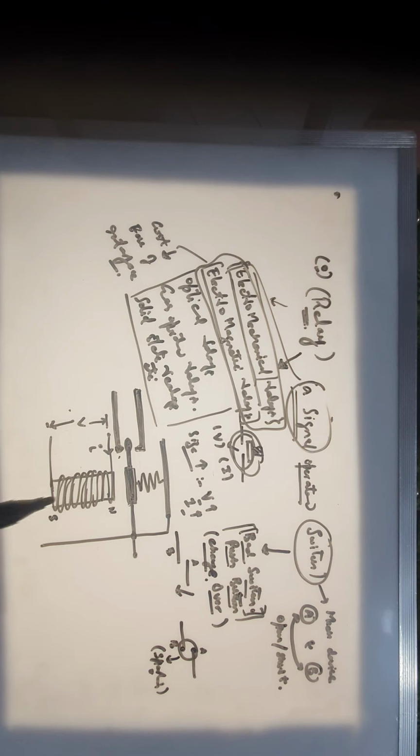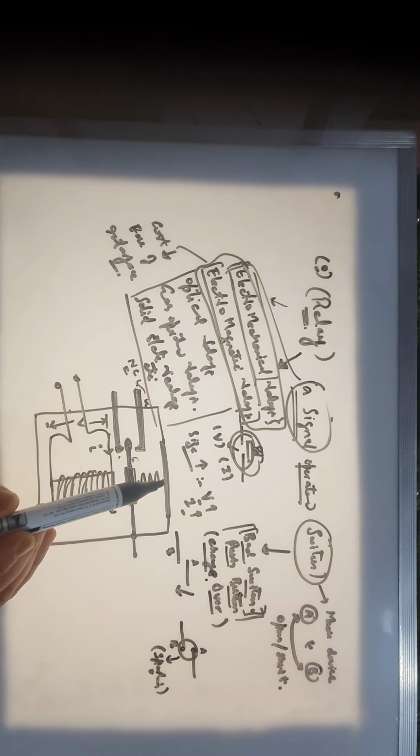So normally when we don't energize this relay, this spring will help this ferromagnetic material to go up. So in a way, this contact C gets connected to this contact A because of the spring, and this contact A is normally known as NC, that is normally connected, because when it is in the normal state, the normal state for the relay is the de-energized state, when you haven't given the voltage here to the relay coil.